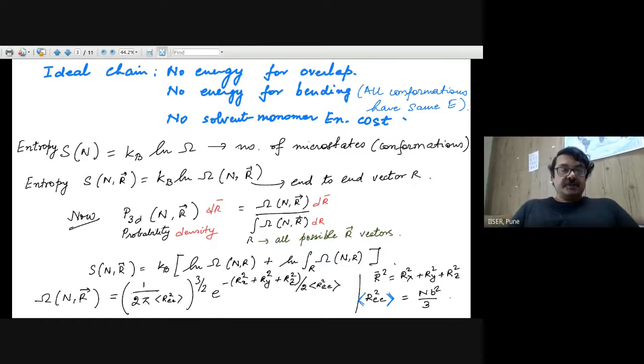But in the continuum limit, you will be talking about the probability density, P3D, and the probability is P3D dR, which is the probability of finding the polymer in conformations such that the end-to-end vector is between R vector and R plus dR vector, right?